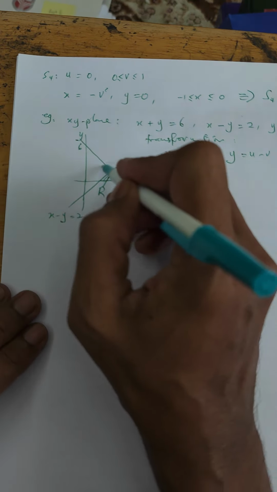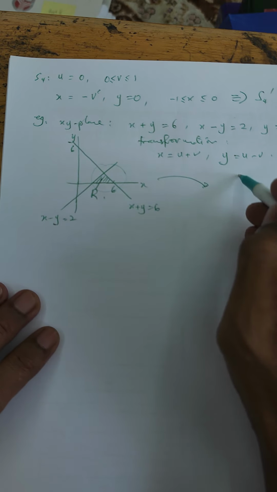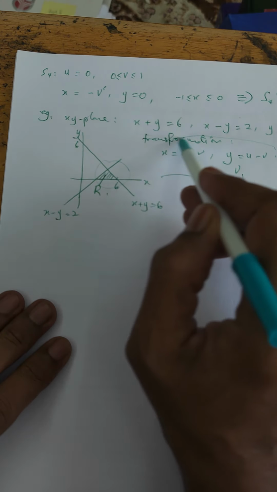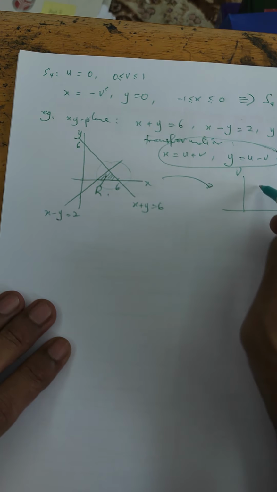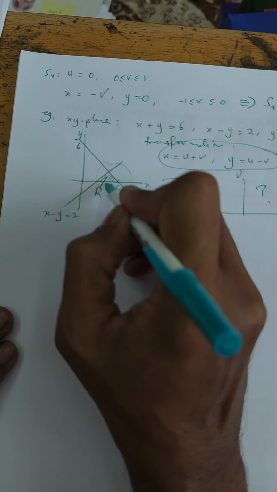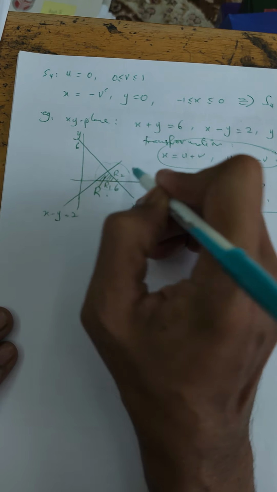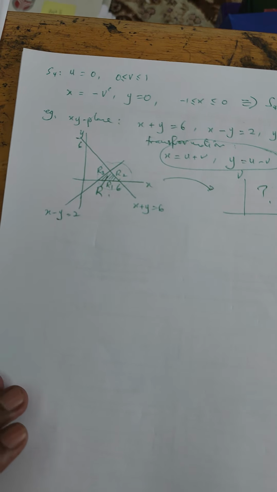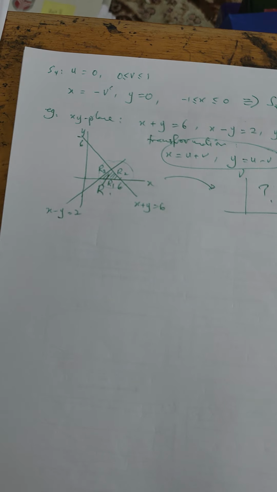Now we want to transform that region into the uv plane under that transformation. Again, we need to consider each of those lines one by one. Let's call this R1, that one R2, and here R3.